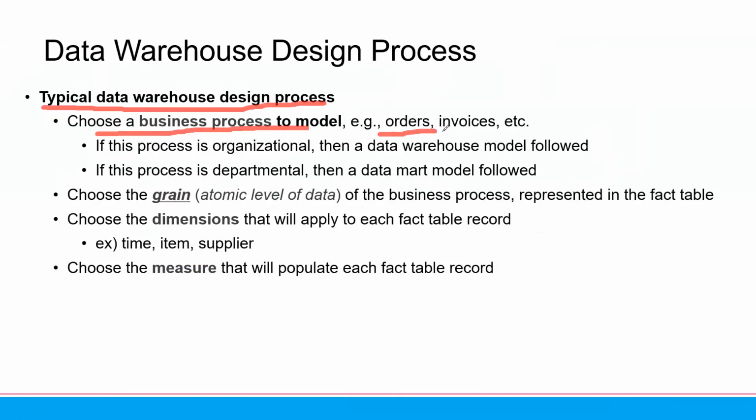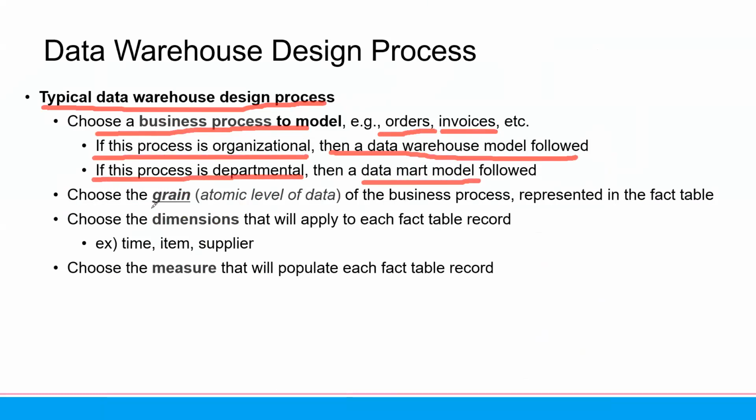Or when you want to create invoices, there will be a sequence. There will be the business process. So if this process is organizational, then a data warehouse model follows. If this model is departmental, it is only a sub-organization, then we will use the data mart. So it depends on what you want to design for your data warehouse.